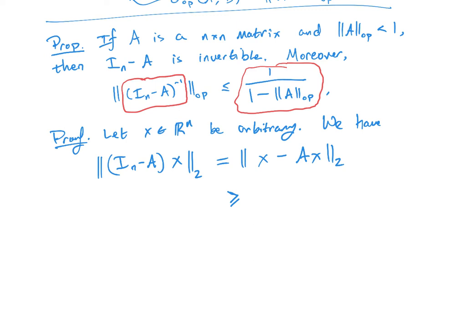The smallest that difference could be is if x points in one direction and ax points in the same direction, so that when we subtract it, we go backwards towards the origin. But still, our result would have to have length at least the norm of x minus the norm of ax. That's the smallest we could possibly have it be.